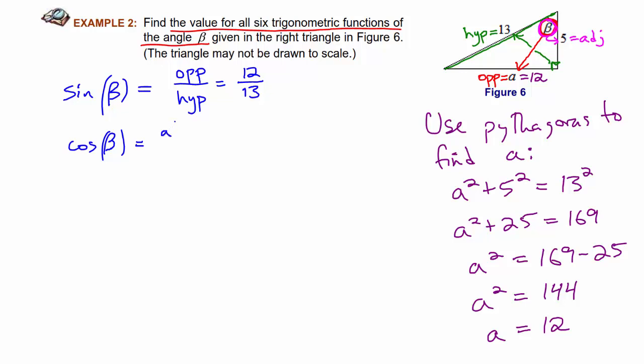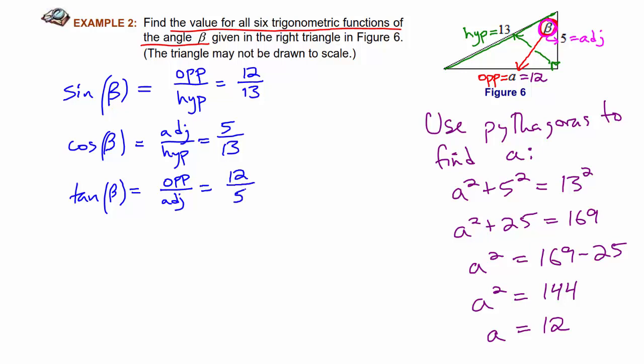Cosine is the adjacent side over the hypotenuse. And the side adjacent to angle beta is side length 5 over the hypotenuse, which is 13. The tangent of angle beta is opposite over adjacent, and that's going to be 12 over 5.